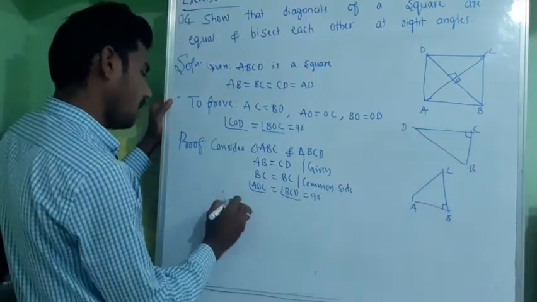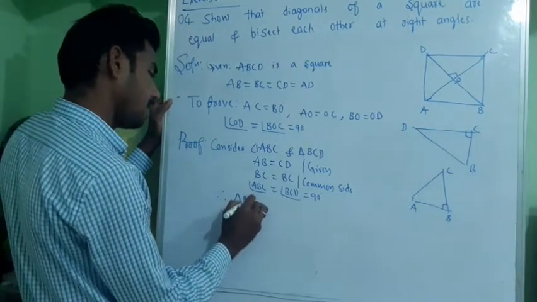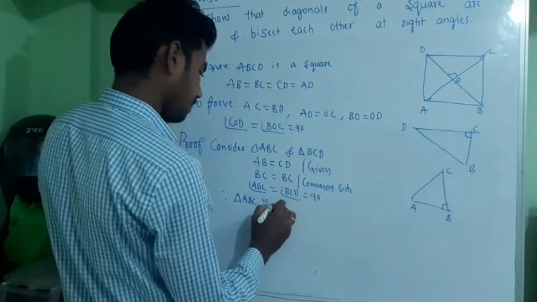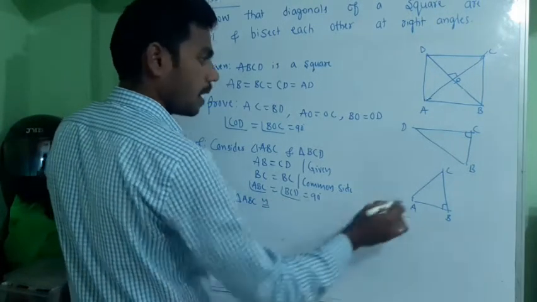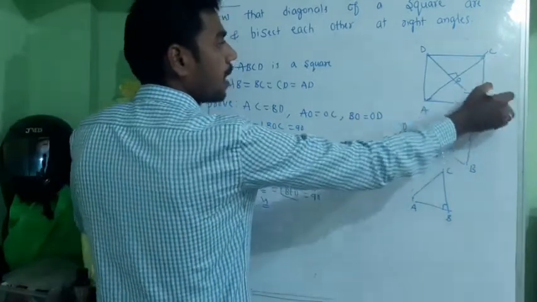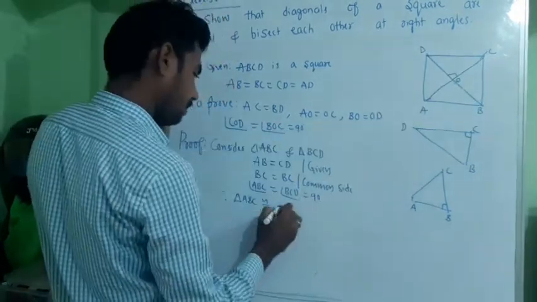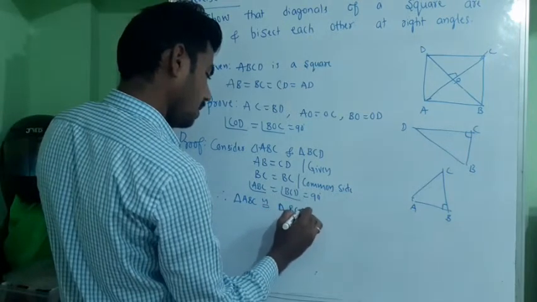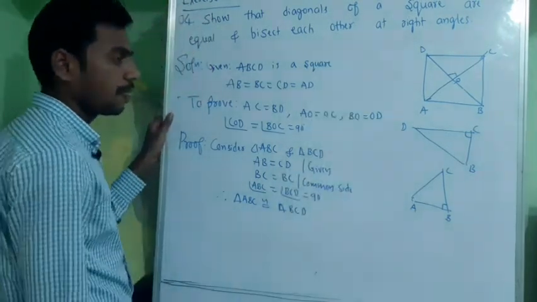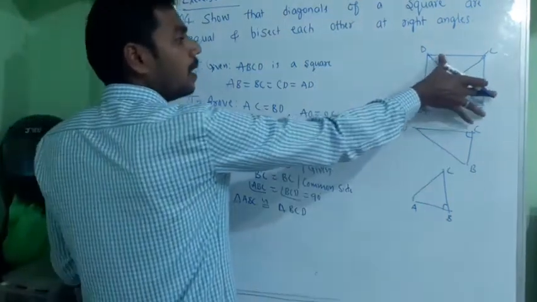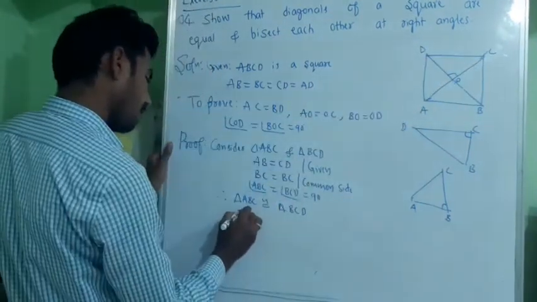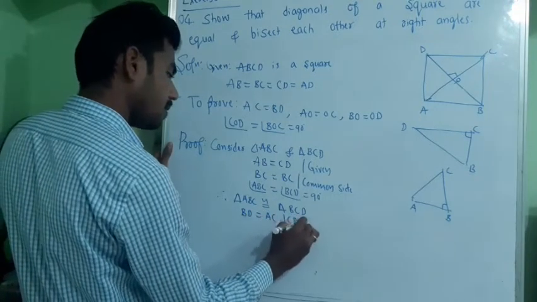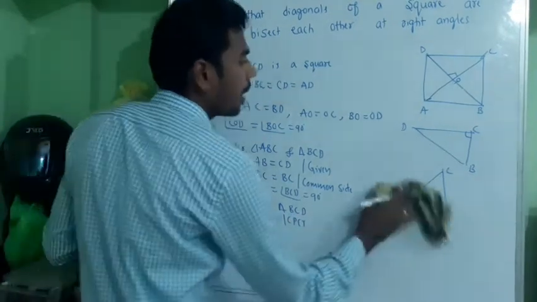So therefore, triangle ABC is congruent to triangle BCD. Now, what can I say? Then BD is equal to AC because of CPCT. We proved one part.